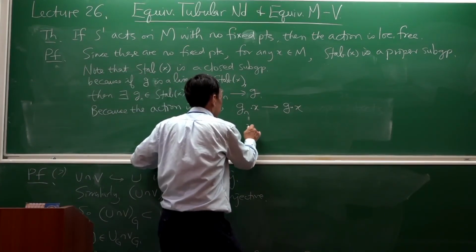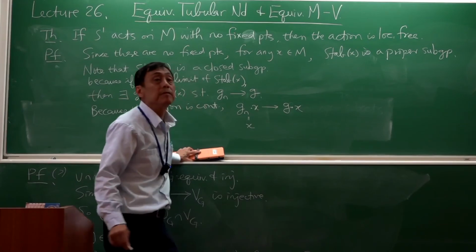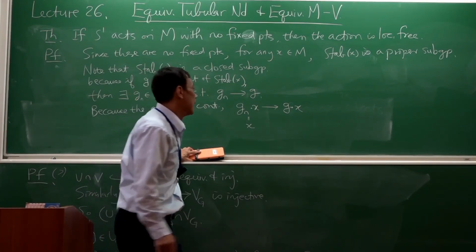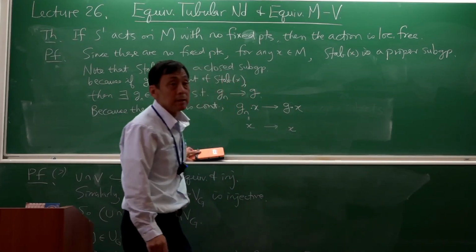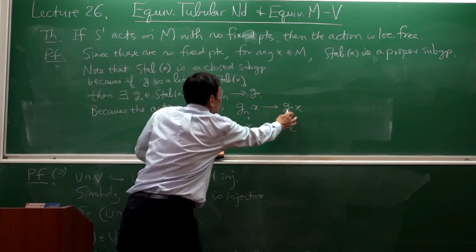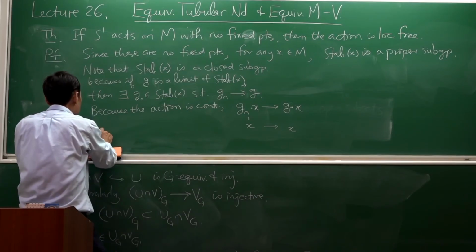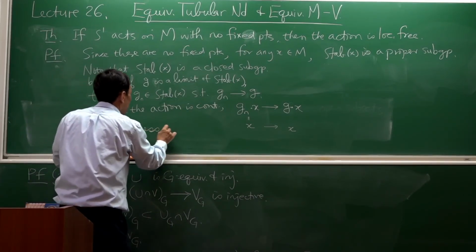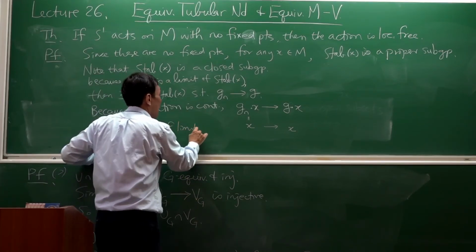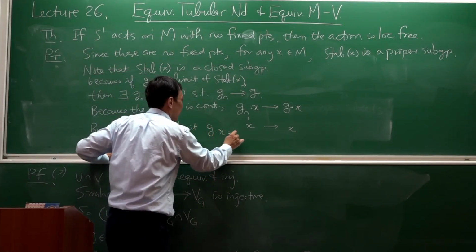But g_n dot x is x, because g_n is in the stabilizer, so it converges to x. By the uniqueness of the limit, g dot x is x.